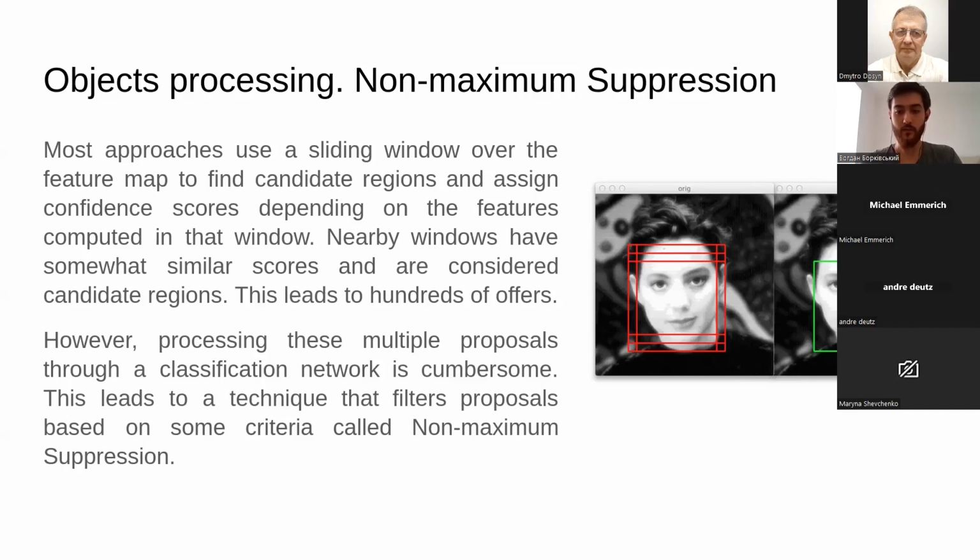And based on some threshold value that we initialize, it either keeps objects or removes them as duplicates. And it continues until all objects are not overlapping based on that threshold value, leaving us only with unique regions for objects.